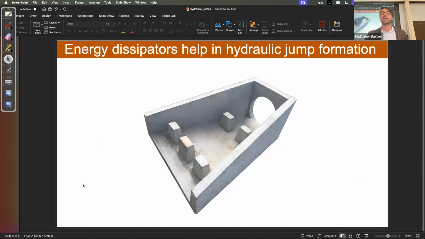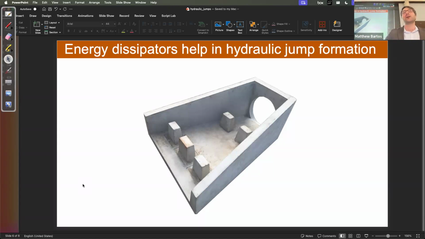So often when we're designing hydraulic infrastructure, we will be interested in inducing hydraulic jumps. I'll talk about why we might want to do this a little bit later on. But there are fixtures that we can put in to actually assist with the formation of a hydraulic jump. These are called energy dissipators.